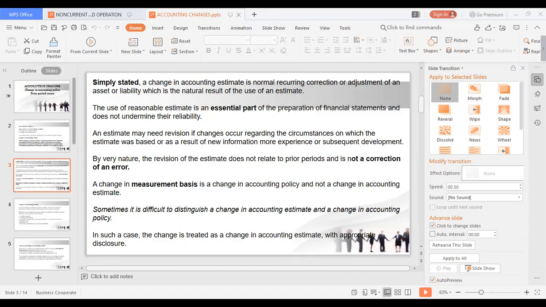So we now begin with the original cost of 2,640,000 and dividing it by 8 years, the original estimated life, and from January 1, 2017 to January 1, 2020, it's a period of 3 years.